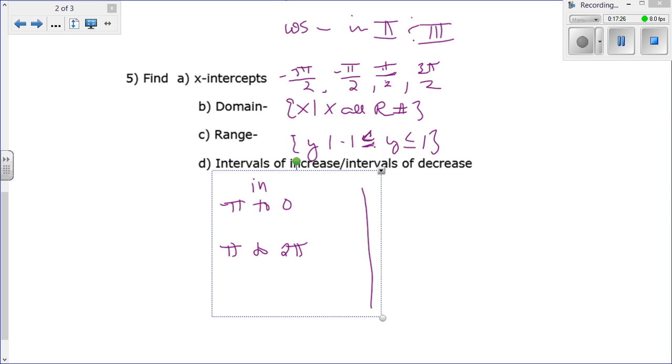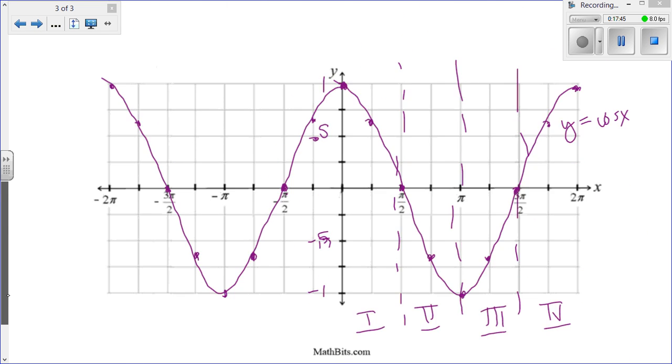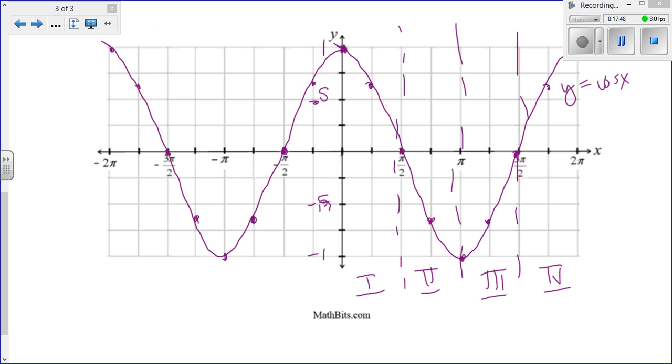And it's decreasing from negative 2 pi to negative pi, and again from 0 to pi. I just got that by looking at the graph.